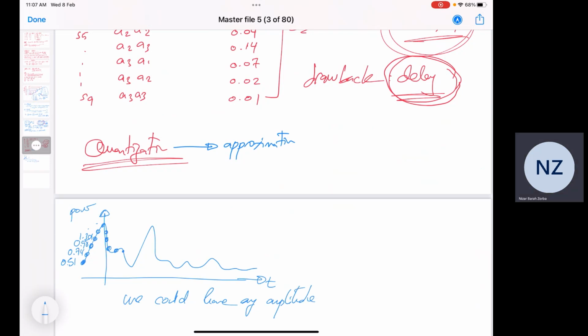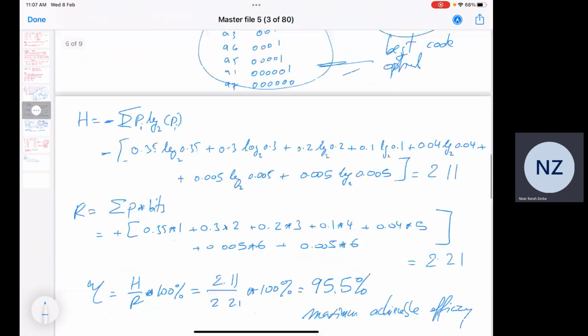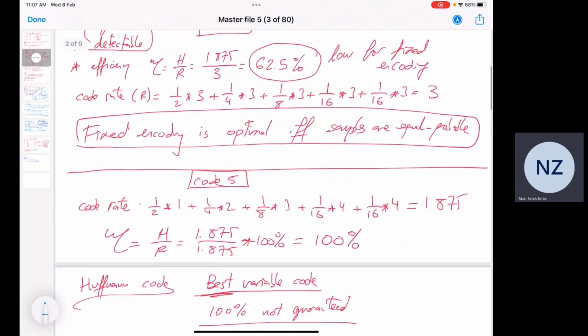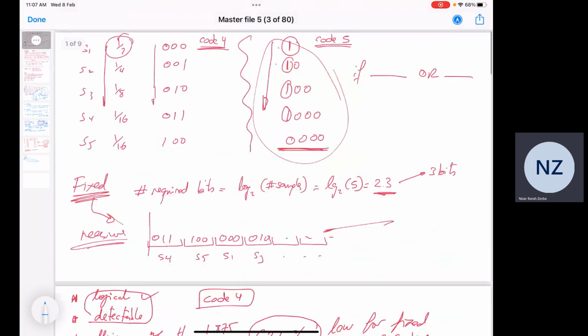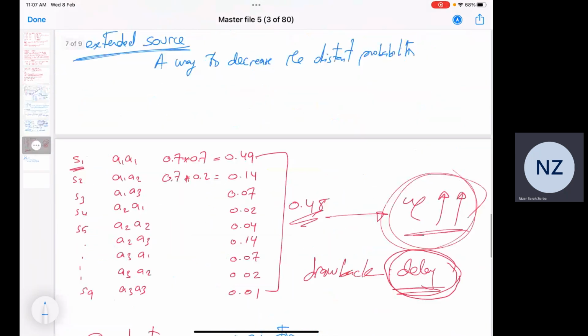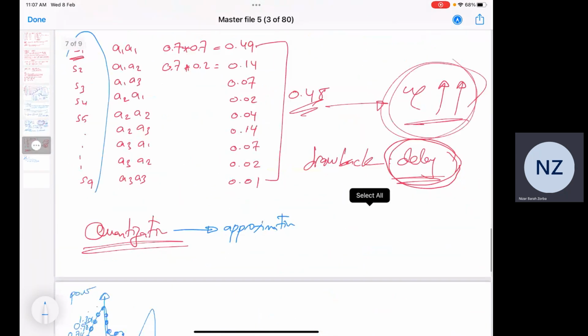If we have any amplitude as a value, let's go back to whatever we have seen. How many values do we have here? 7 different values. How many values do we have here? 5 different values. Right? So we have 5 different values, 7 different values, extended 9 different values.